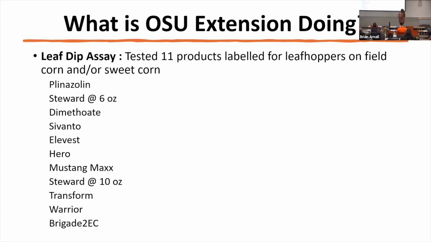Primarily, I want you to know that there are a number of things that are labeled for corn leafhoppers in corn, except for that very first one, plinazolin. That is a product that Syngenta has talked about for a good while. It's not something that's released just yet, but I think most people are now aware of it, which is why I'm also okay with naming it in this talk.